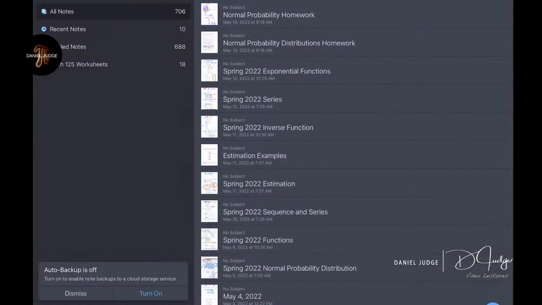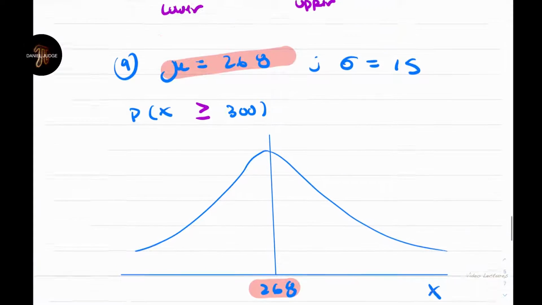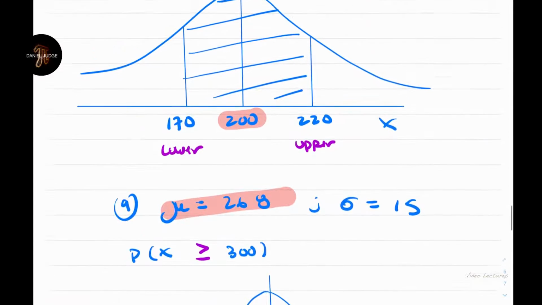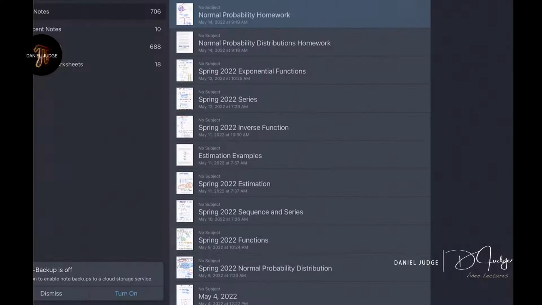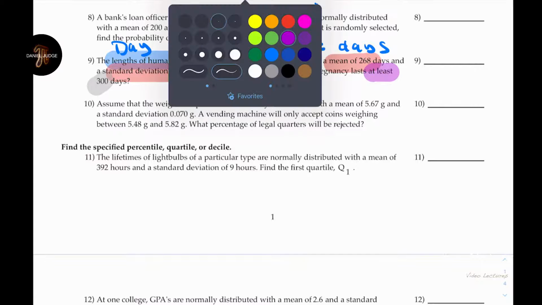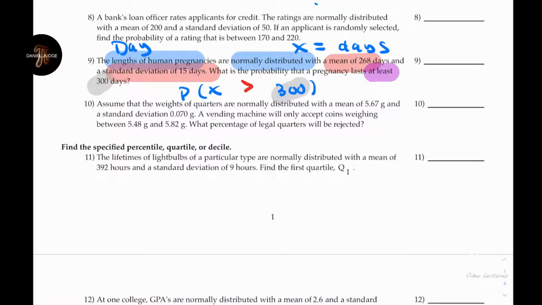Let's go back and double check. Okay, right here, at least, ladies and gentlemen, is 300 or more. That means it's more. Greater than, this is the more part. Greater than or equal. Made a mistake. It's not a mistake if I find it. I found it. At least is greater than or equal. Found it.